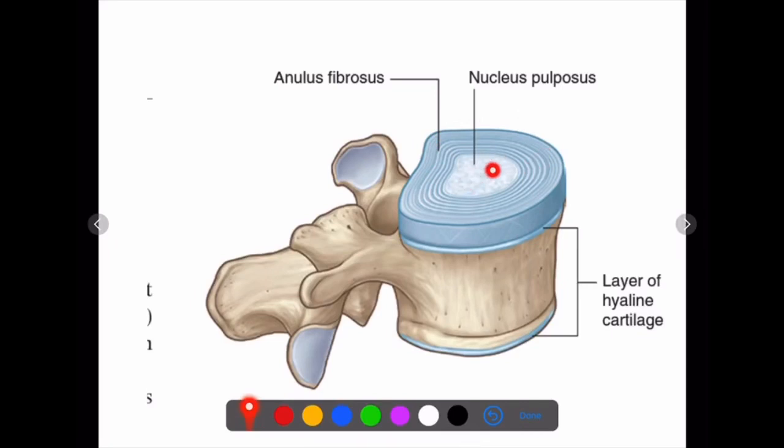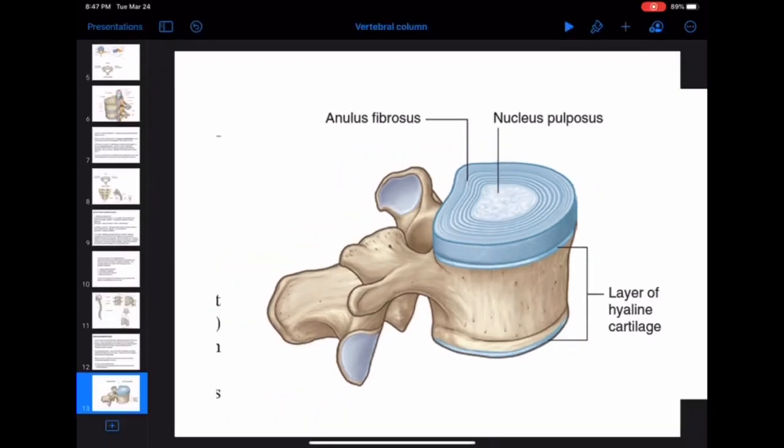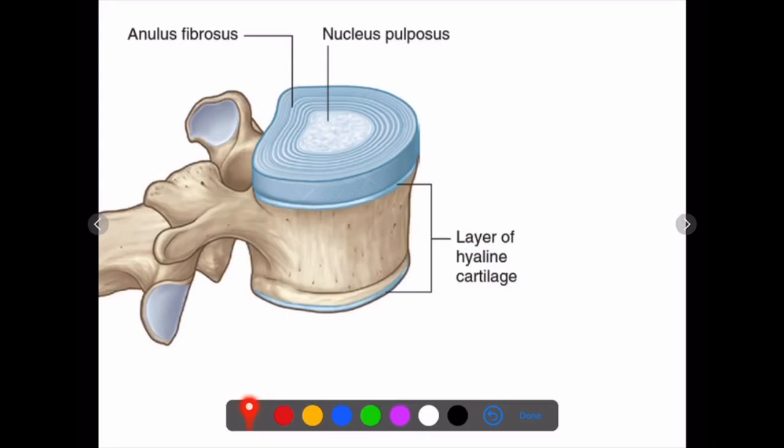And this is the nucleus pulposus in the center, which is a gelatinous material containing fluid, water. This is the body of the vertebra, and this is the superior surface, covered by hyaline cartilage, and this is the inferior surface, also covered with hyaline cartilage. The intervertebral disc is sandwiched between the two surfaces.